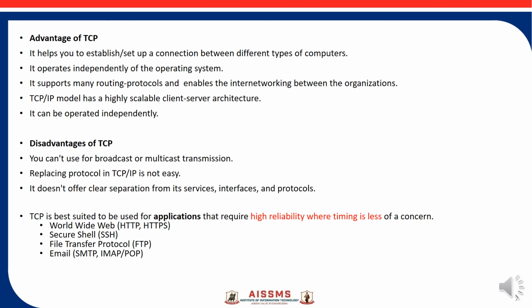It can operate independently. At the same time, there are a few disadvantages of TCP communication. You cannot use it for broadcast or multicast communication. Replacing protocols in TCP/IP is not easy. It does not offer a clear separation of its services, interfaces and protocols.